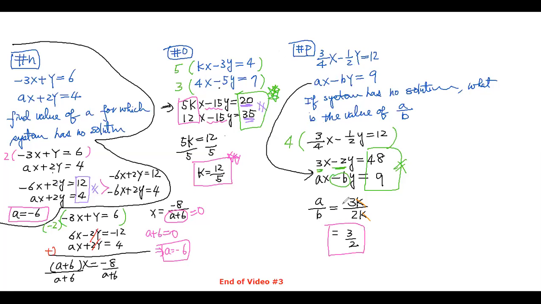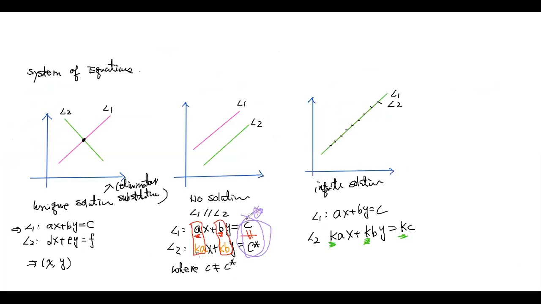Okay, so that's it. When you try to solve, the system has no solution, so your constant terms will not be equal. If the constant terms are equal, then you will have an infinite number of solutions. So in here we need to be careful, right? You need to remember my review here. If they have no solution, that means your coefficients of x and y can be proportional, but the constants at the end are different.